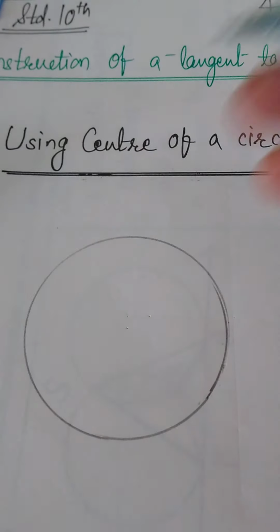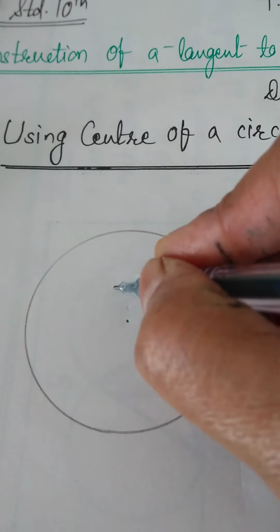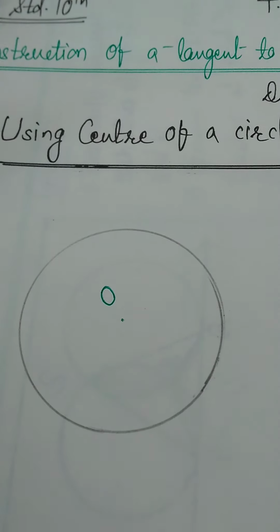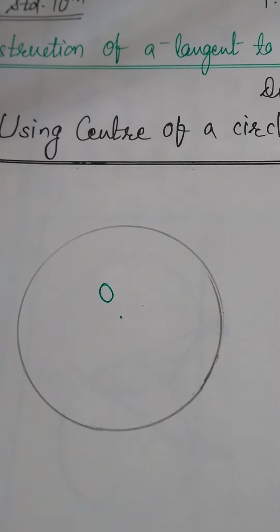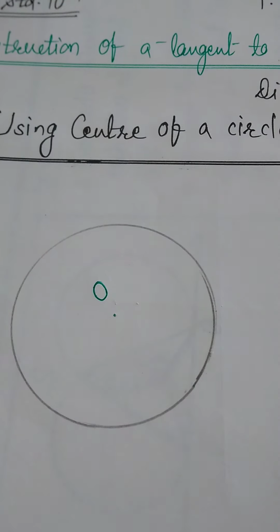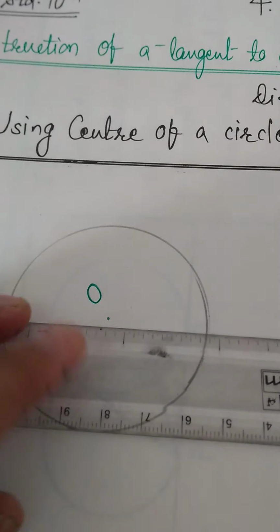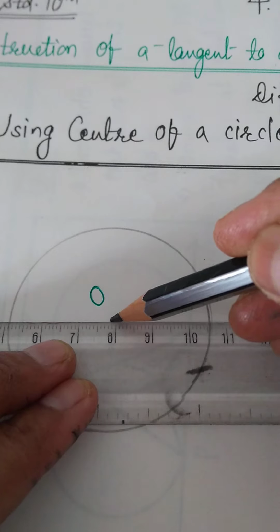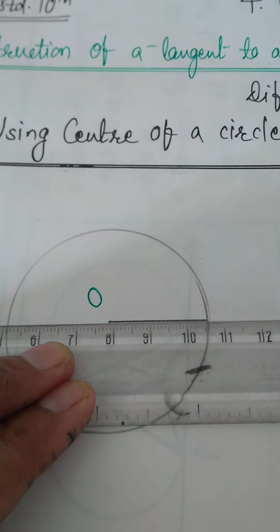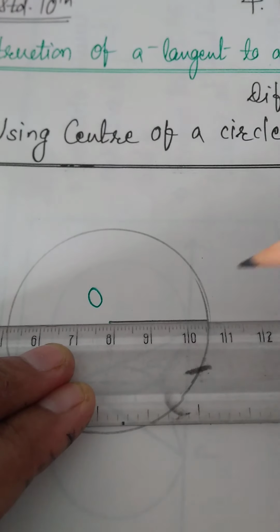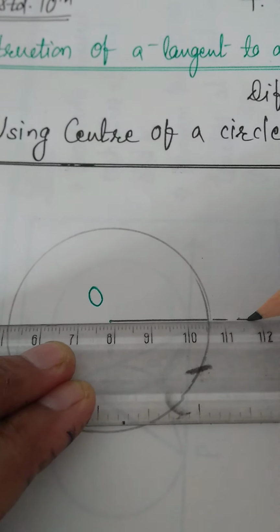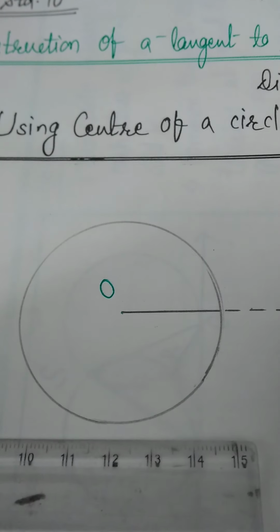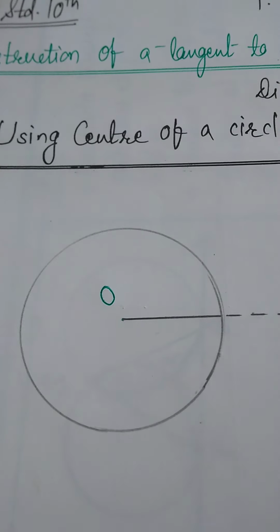Take the center of this circle, that is O. If we draw the radius of the circle like this, extend this radius, it means there is a formation of a ray through the point O.